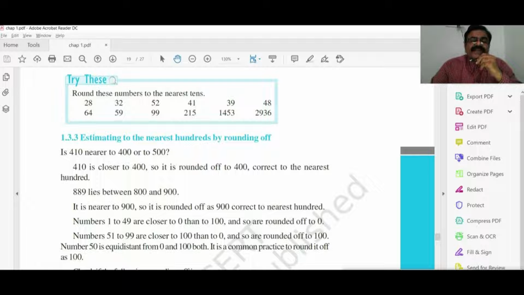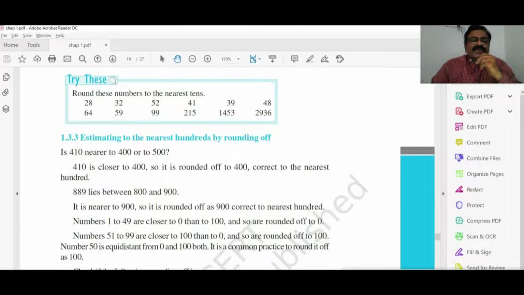If the last two digits are up to 49, they will be considered as 00 in the ones and tens places, while if they contain 50, then the next 100 will be considered.